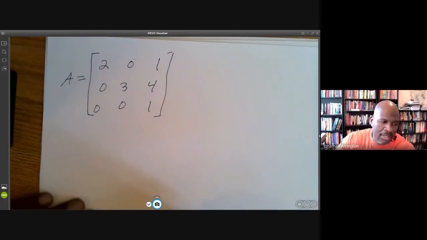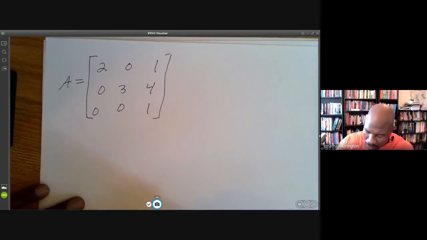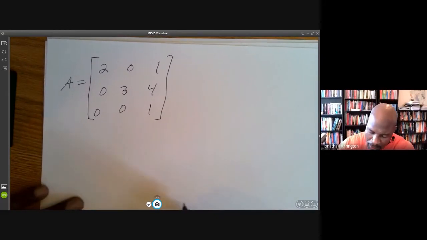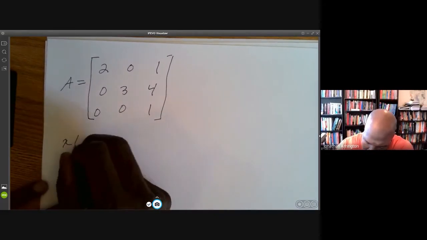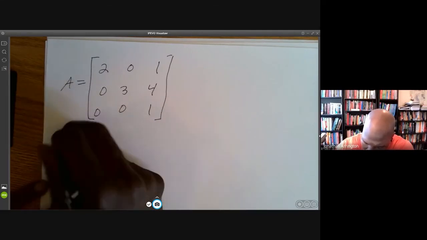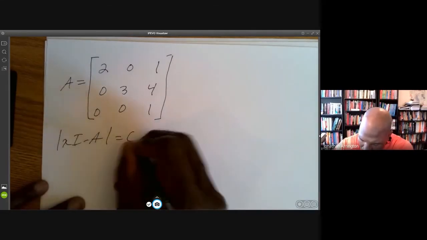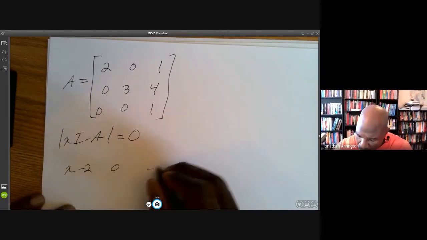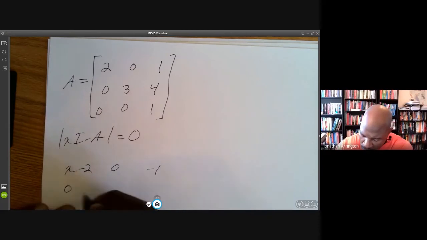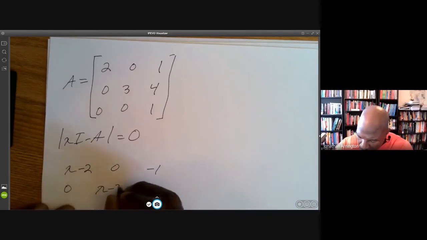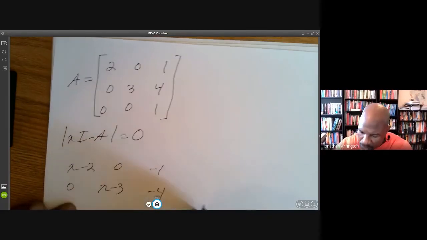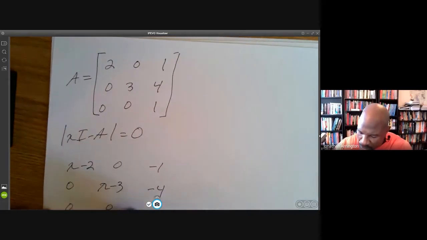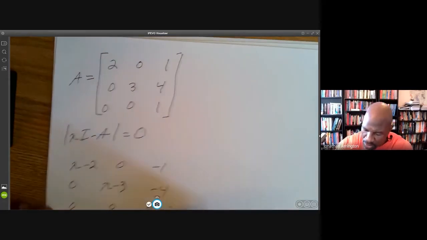You should be familiar with the process, so we're going to run through it a little more quickly this time around. Again, we're going to do the determinant of lambda I minus A and set it equal to 0. When we do that, we'll get lambda minus 2, 0, negative 1, 0, lambda minus 3, negative 4, 0, 0, lambda minus 1.